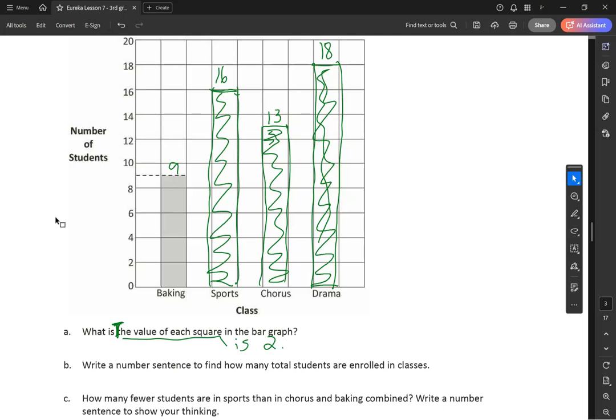So we could do 18 plus 13 plus 16 plus 9. Okay. We could use our mental math to do this. I'll try to do it for you. Okay, here we go. So 18 can turn into 20.